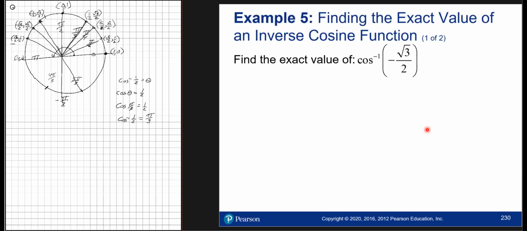So we're just looking at the cosine values. And this is 2 pi over 3, and this is 3 pi over 4, and this is 5 pi over 6.